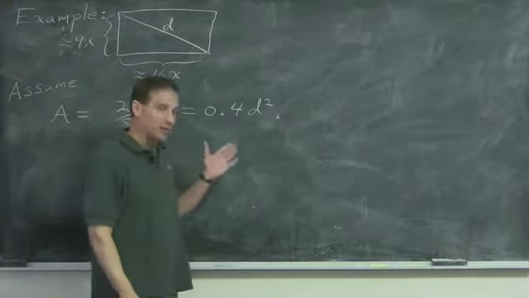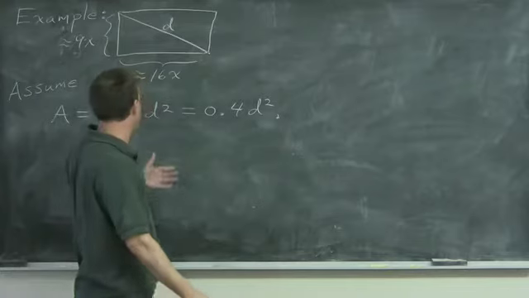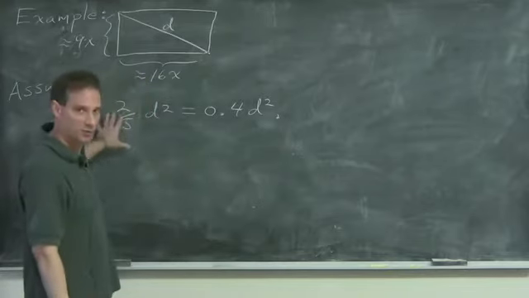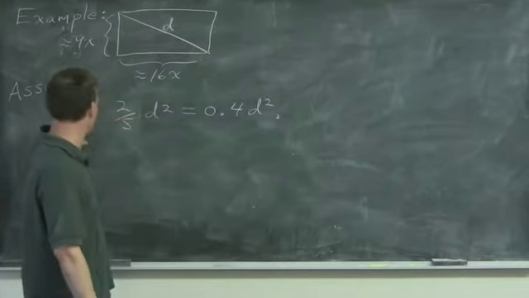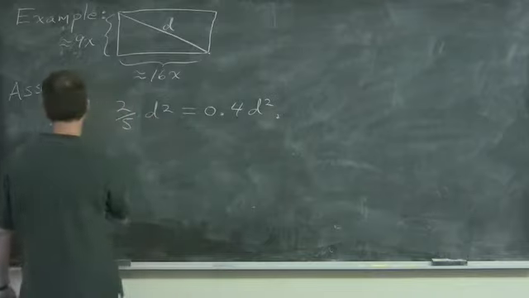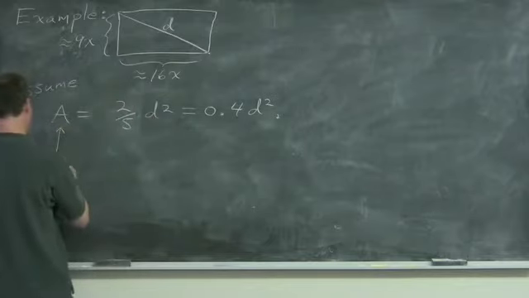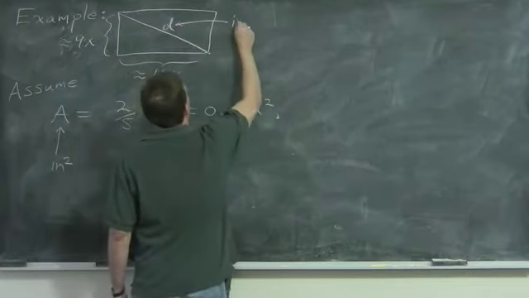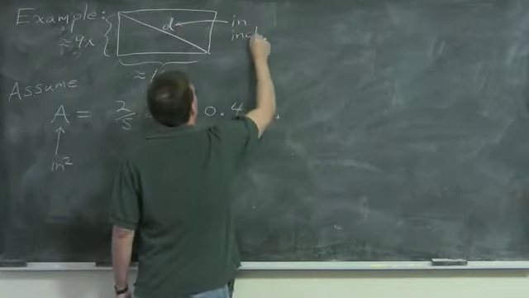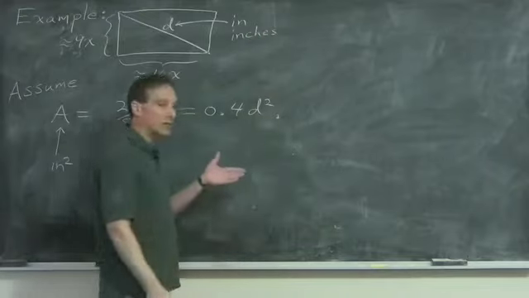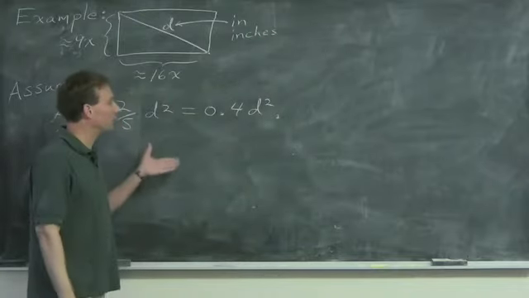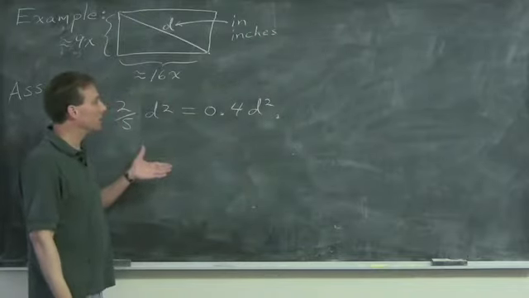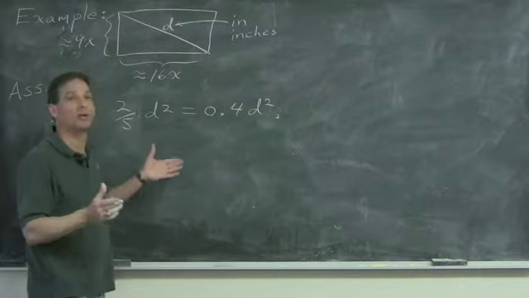And I'd like to look at the instantaneous rate of change. So pretending this is how our television's area in square inches is computed, this will be in square inches, while d is in inches. I'd like to look at the instantaneous rate of change of this function at d equals, pick a number, 20.